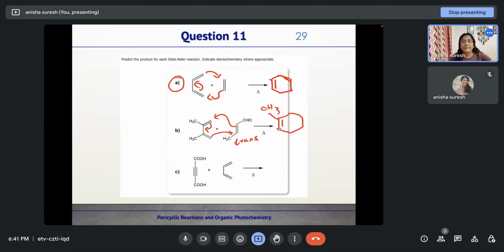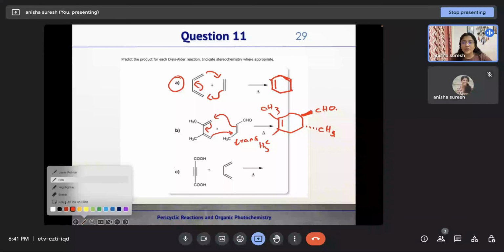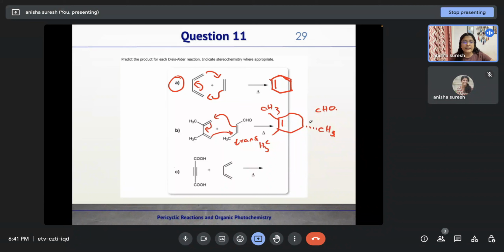CH3, CH3, and this, if it is beta, this will be alpha. So this will be coming in endo fashion. Hence, this can be written like this: this will come alpha and this will be beta.